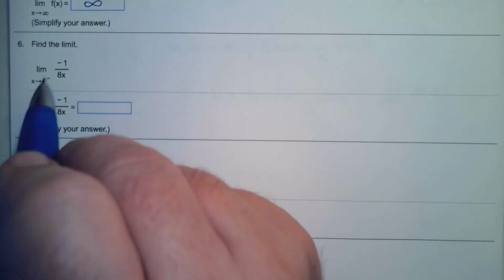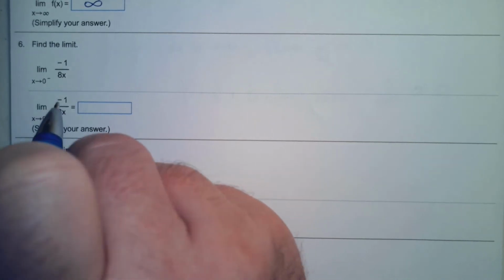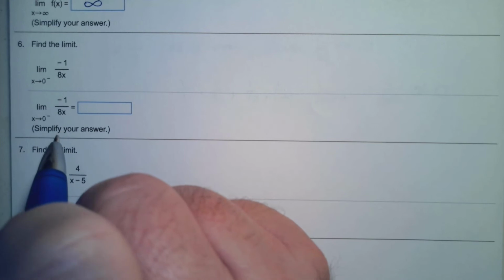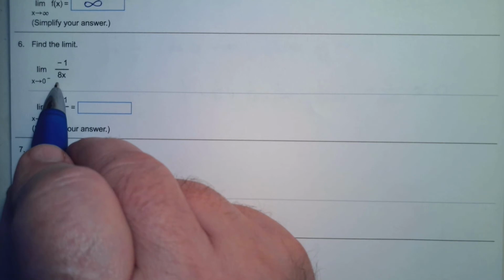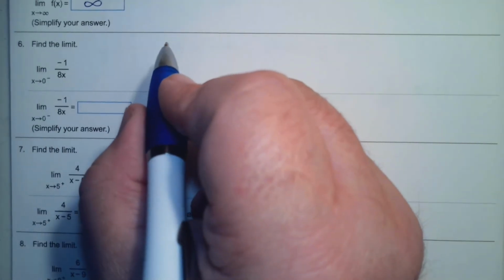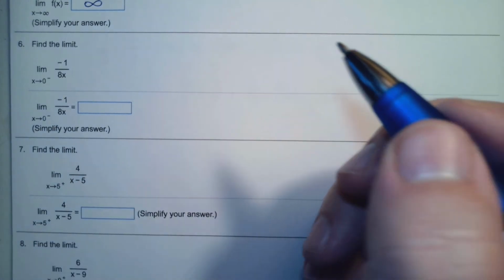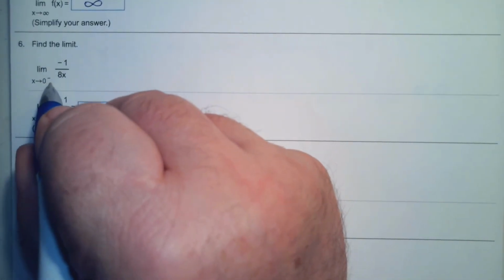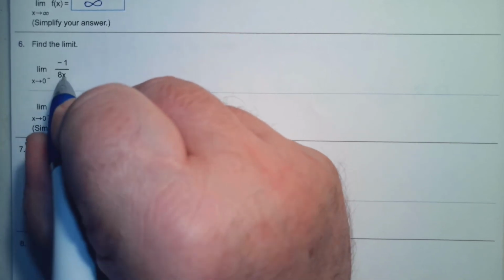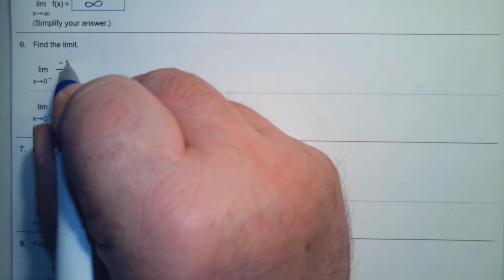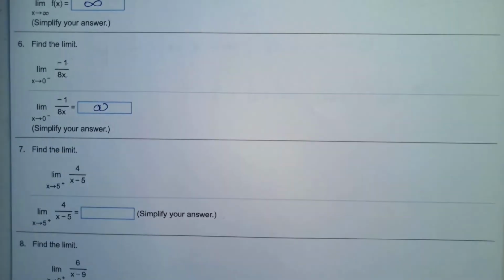Find the limit as x goes to 0 from the left. This one was supposed to be infinity or 0. Oh well. As x goes to 0 from the left, the bottom goes to 0. 0 goes inside there an infinite number of times.